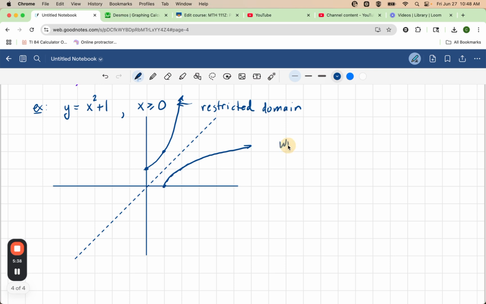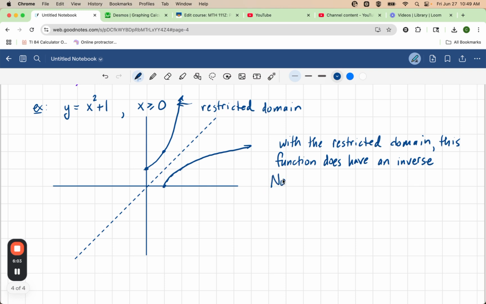So with the restricted domain, this function does have an inverse. Okay, so now let's find it.